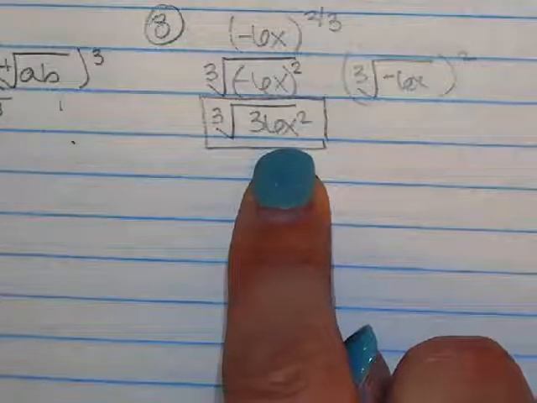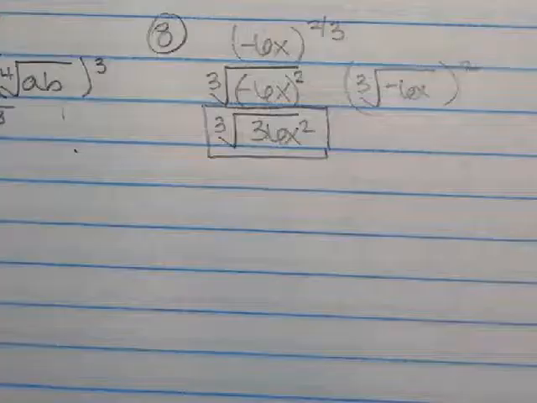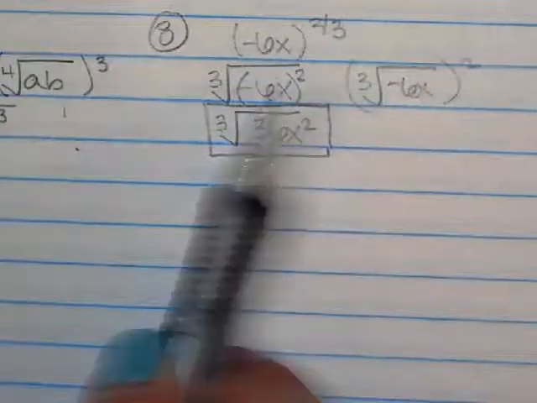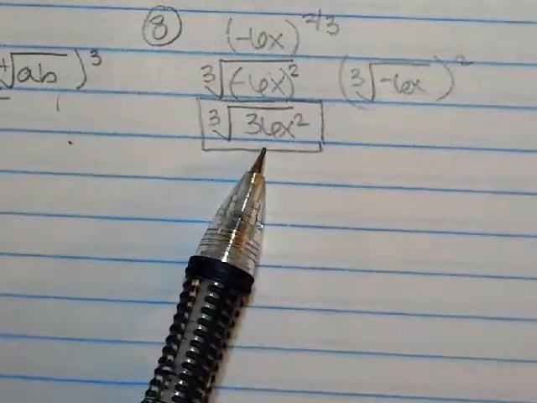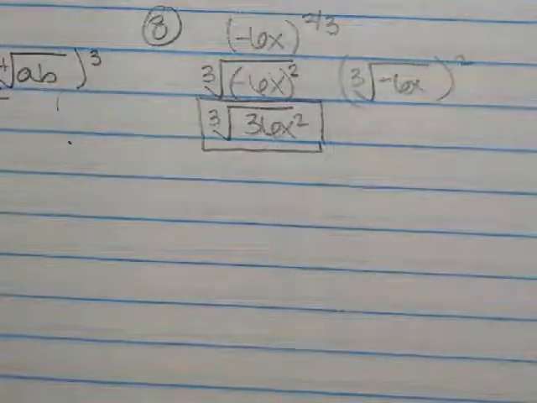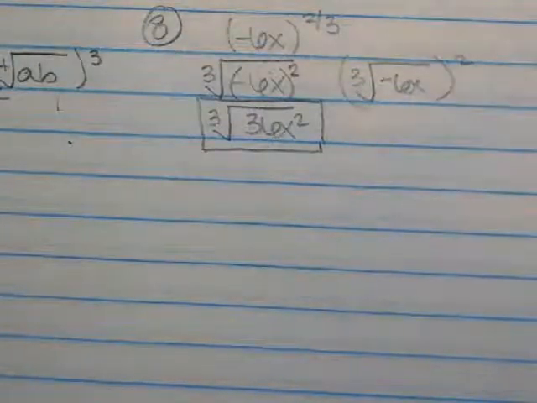It is very unlikely that they would do one of these two. It is most likely that they would do this one. Okay? Does that make sense? They would want to make sure that you knew to take care of that negative. Okay. All right.